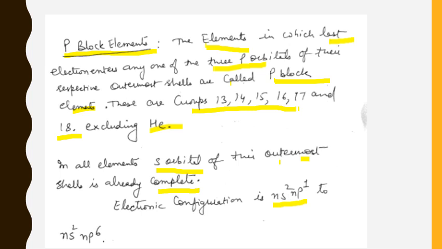It can reach ns2 np6 because a maximum of 6 electrons can enter the p orbital. ns2 np1 to ns2 np6 is the electronic configuration of these elements. So these are called the P block elements, and groups 13, 14, 15, 16, 17 and 18 come in this category. Only you have to exclude helium.